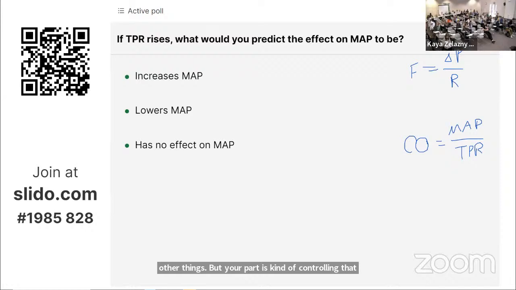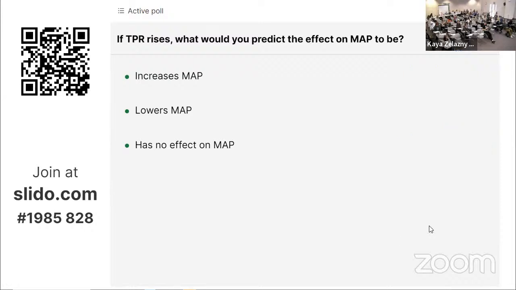So what would happen to the mean arterial pressure then, if the heart is stabilizing the amount of blood it's pumping?